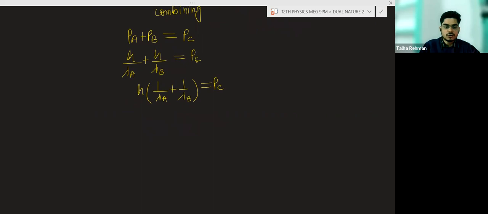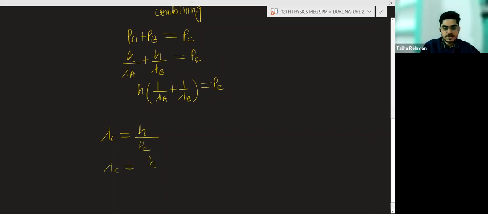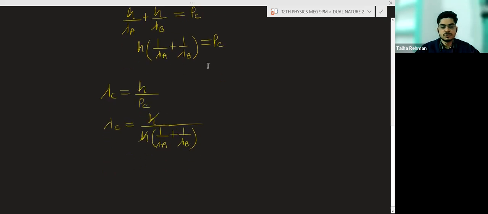Now the wavelength of C can be given by h by momentum of C. So it will become h divided by h times 1 upon lambda A plus 1 upon lambda B. Now h and h will cancel out.